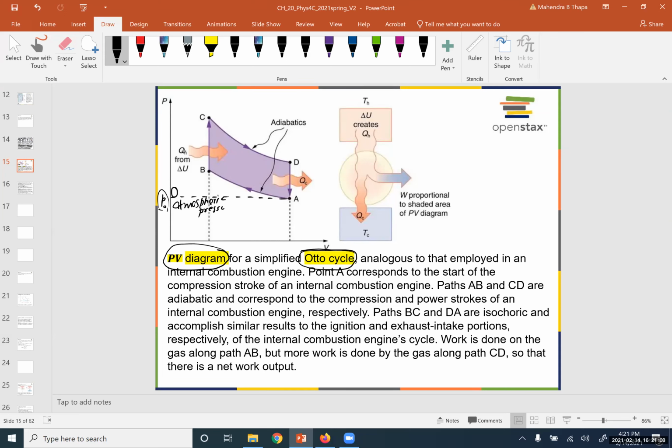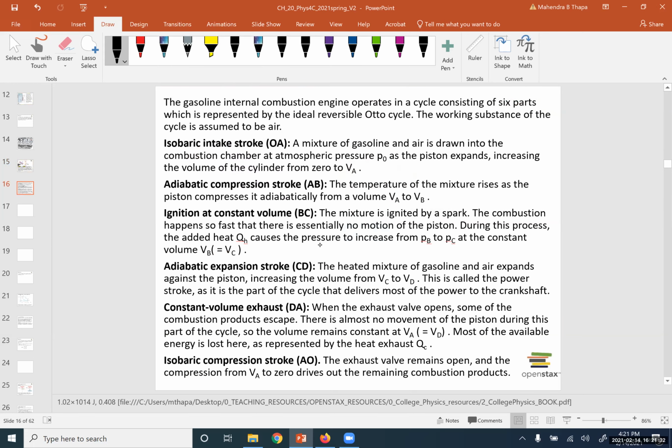At that time, the volume of the gas is initially zero at this location. In this stroke, at constant pressure, the volume will increase. This is called the intake stroke.